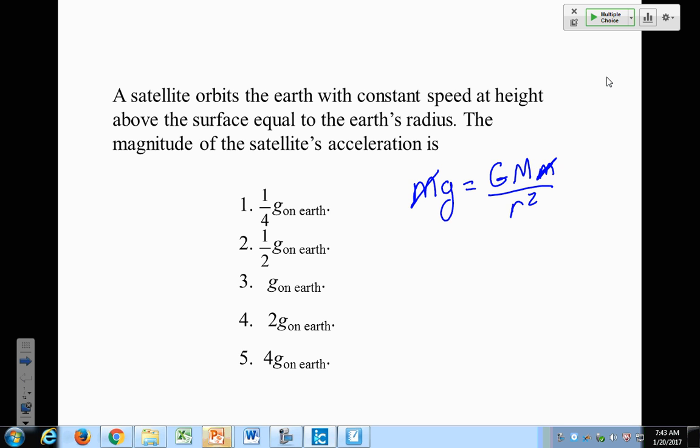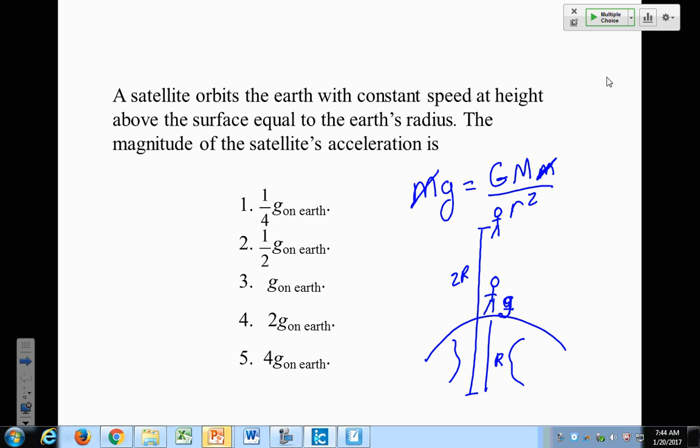So at the surface of the Earth, your acceleration is g, at some radius r. Now I want to know up here, where I'm at 2r, what is your acceleration due to gravity? Let's ask you this again and see what you put.